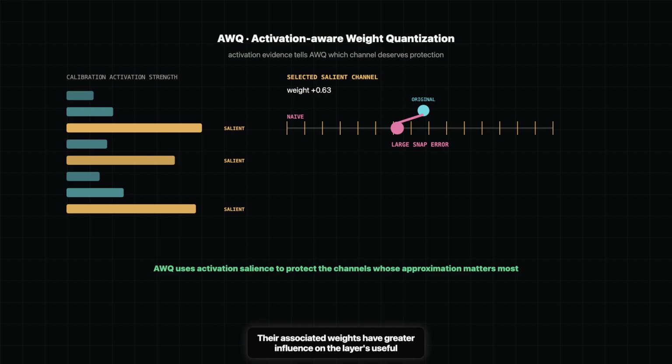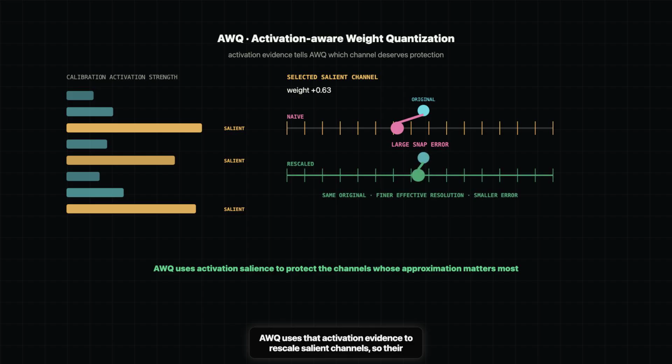Their associated weights have greater influence on the layer's useful behavior. AWQ uses that activation evidence to rescale salient channels so their low bit approximation causes less damage. GPTQ watches output error. AWQ watches which channels carry important signal. Both are post-training quantization, but their evidence and logic are different.